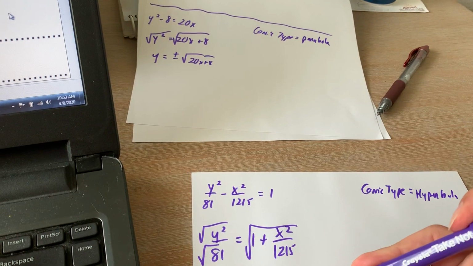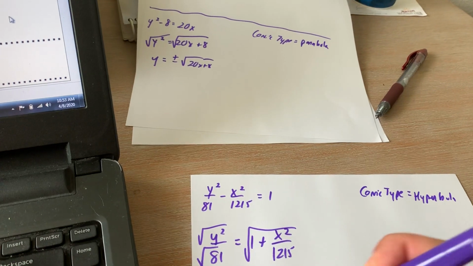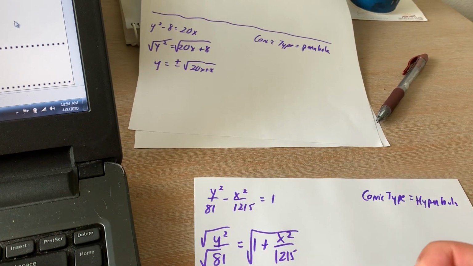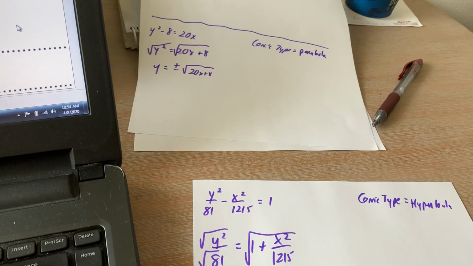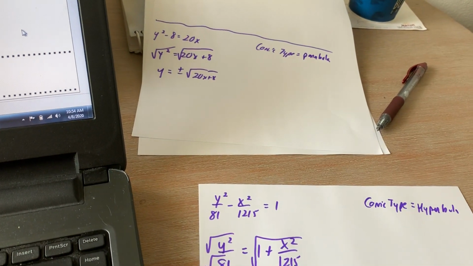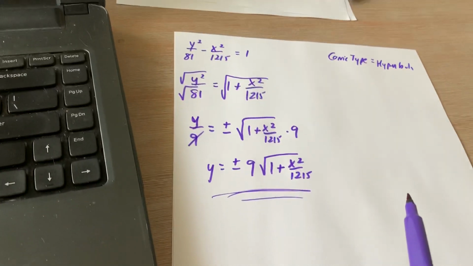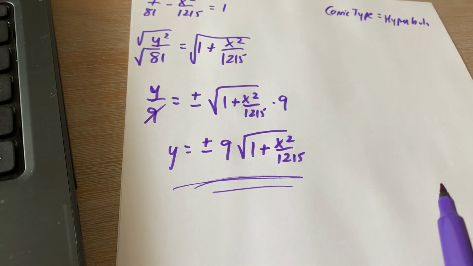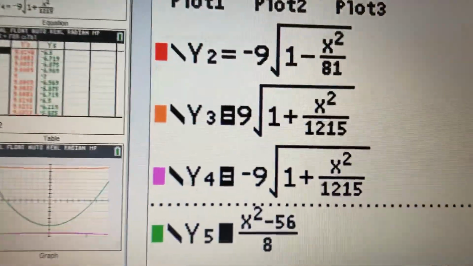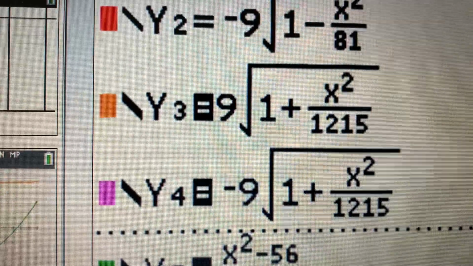Multiply both sides by 9, and I'll end up with y equals plus or minus 9 times the square root of 1 plus x squared over 1215. There we go. And that's the equation that I can put in my graphing calculator. Whoops, didn't really have it there, but you can see it right there. There's the math for it. And when I move over, I have those equations in the y3 and the y4 right there.